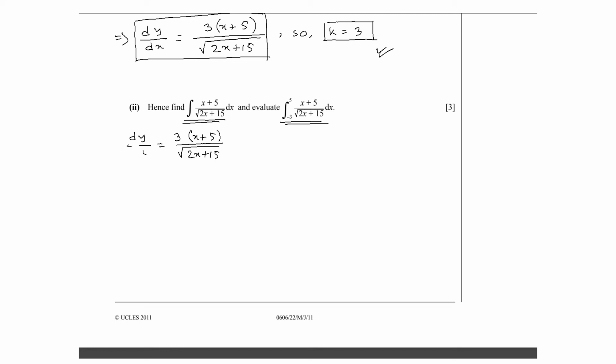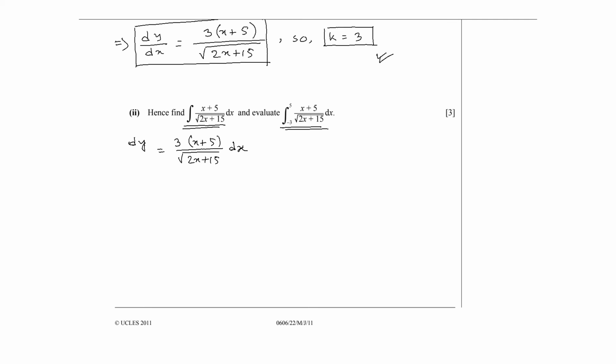Then on the left hand side we will only have dy, and on the right hand side dx will be multiplied. So now let's try to rearrange the equation so that we can get (x plus 5) over square root of 2x plus 15 times dx.